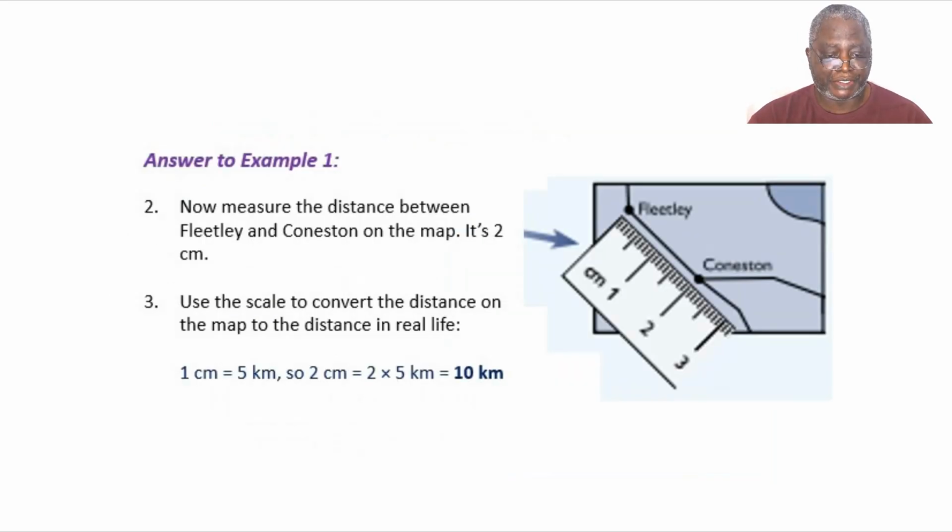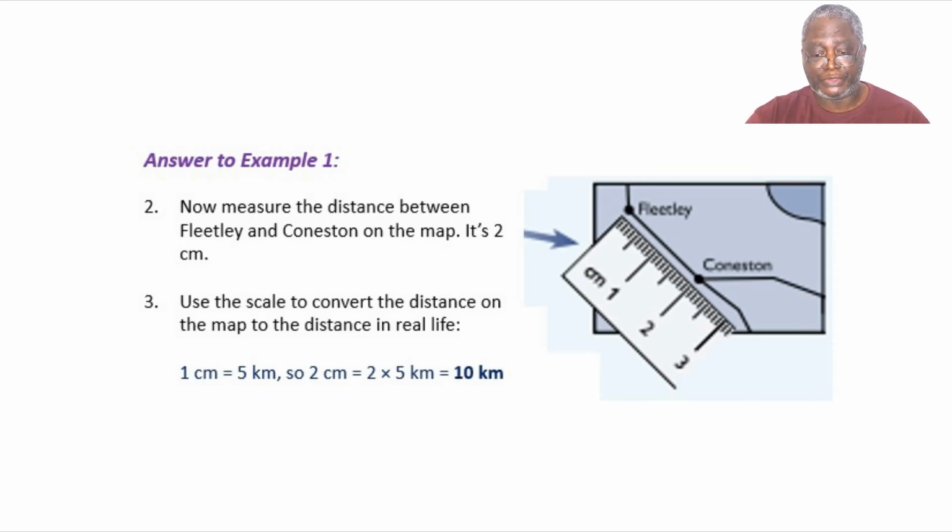So let's look at the answer to example 1. The distance between Fleetley and Cornerstone on the map is 2 centimeters. Use the scale to convert the distance on the map to the distance in real life. 1 centimeter is equal to 5 kilometers, so 2 centimeters is equal to 2 times 5 kilometers, which is 10 kilometers.